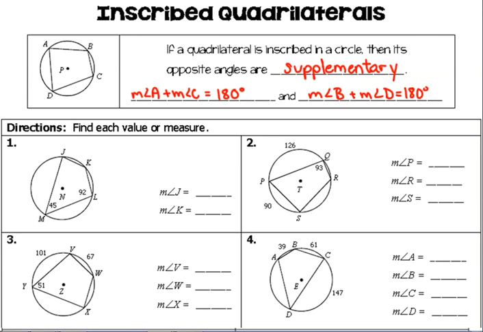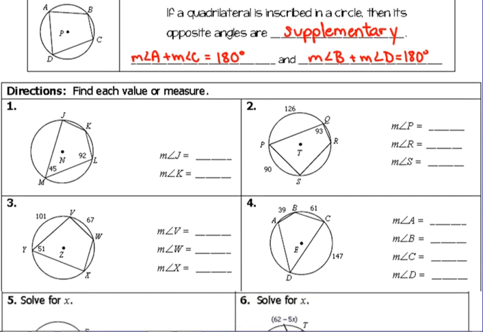So if we know A, then we can find C. If we know D, we can find B. We can find all the rest of them based on the fact that a quadrilateral has how many degrees? 360. Okay, 360 total degrees in a quadrilateral.